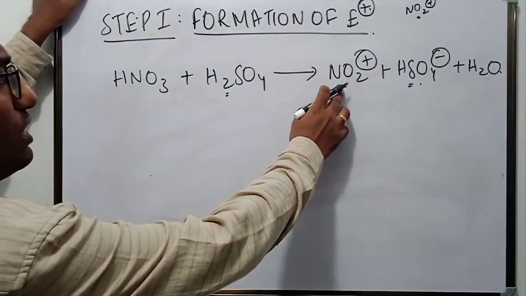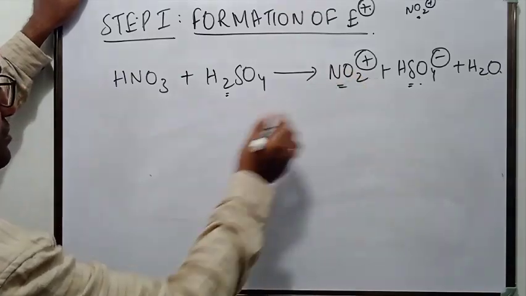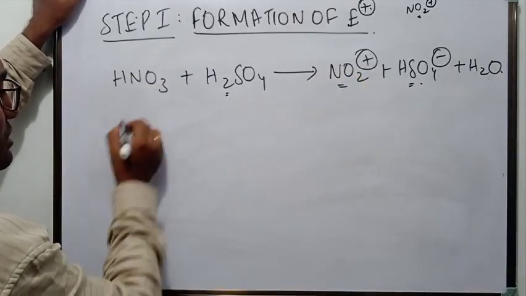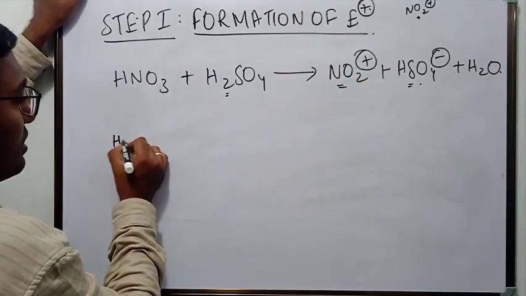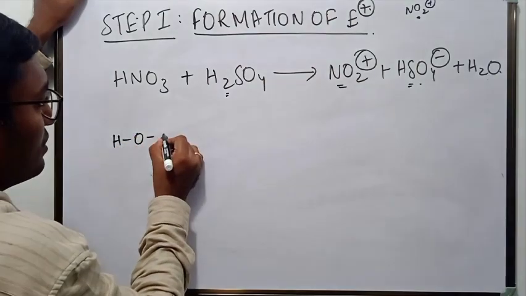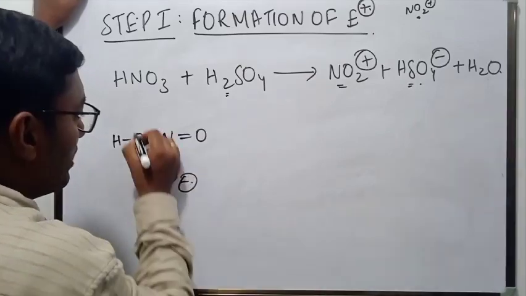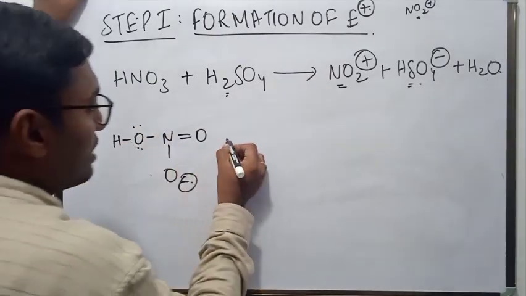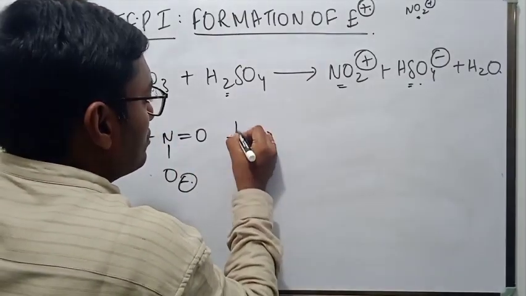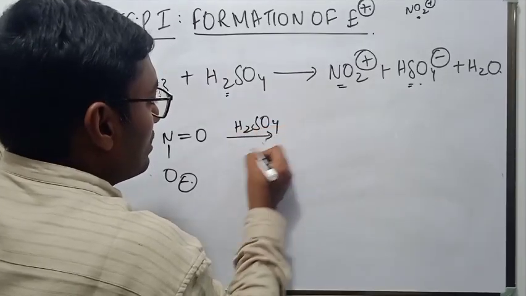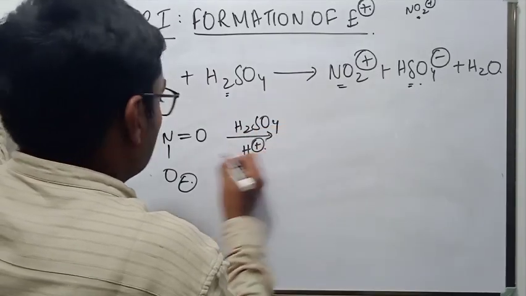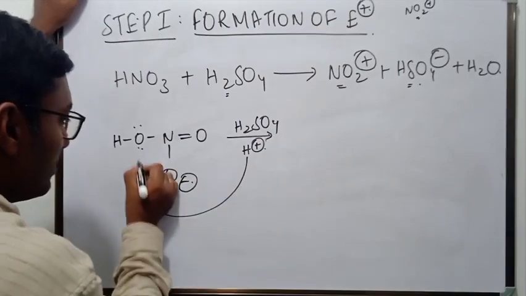To know how NO2 plus is formed, you can rewrite this structure like this. Oxygen has a lone pair of electrons, and H2SO4 releases H plus, so this H plus comes and joins here.